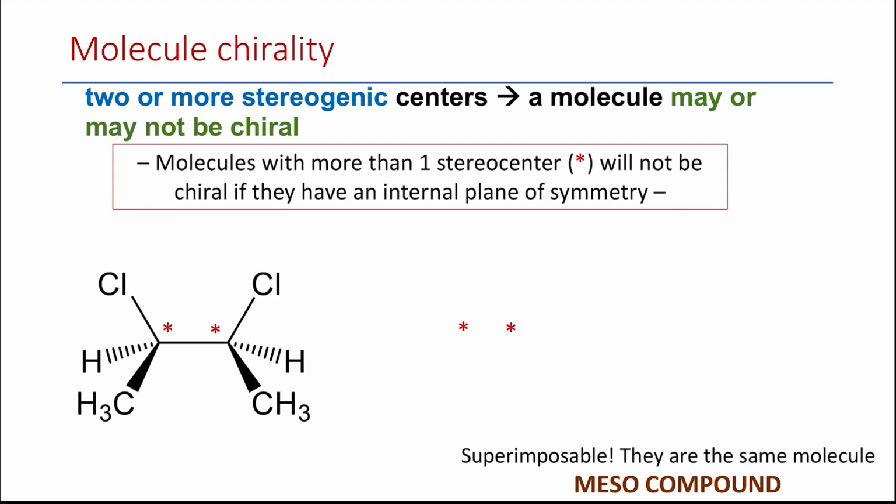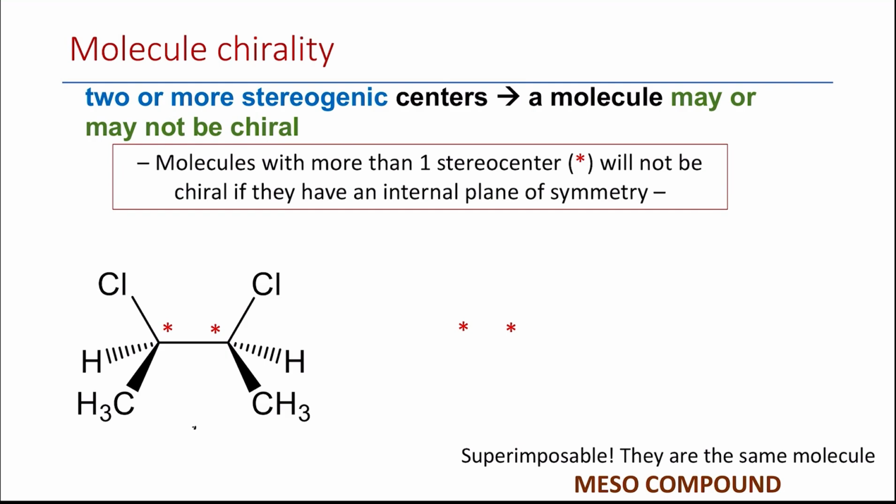As we said, if a molecule has two or more stereogenic centers, then this molecule may or may not be chiral. A molecule that has more than one stereogenic center will not be chiral if it has an internal plane of symmetry. So let's have a look at this molecule here. If we name it, it's 2,3-dichlorobutane.